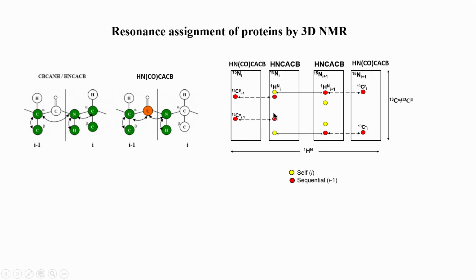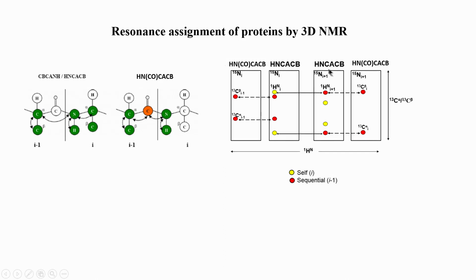The sequential peaks, which are I minus 1, can be identified based on this spectrum, whereas the self is different. Now, this self will be shared in common with I plus 1. This is something we saw in the previous slides, that the I and I plus 1 amino acids share the C alpha I and C beta I. Now, these two become the sequential for this amino acid.